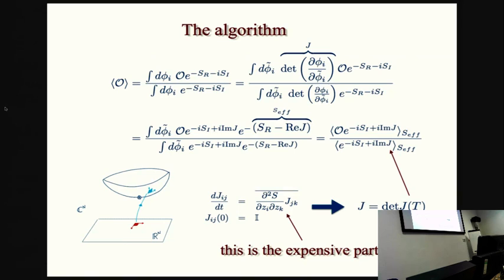There's also a Jacobian that appears when you transform, when you go from these variables to those variables here. This is a complex number. The absolute value corresponds to how much this is stretched, and the phase corresponds to how much the direction bends in the imaginary direction. That's by far the most expensive part of the calculation, and all algorithmic effort is invested in not doing that somehow.